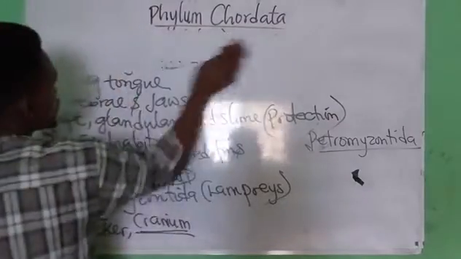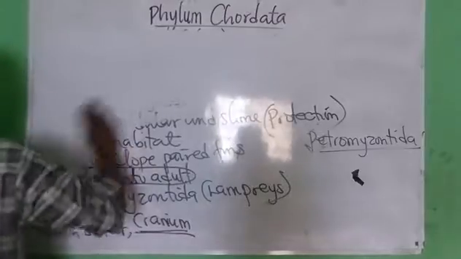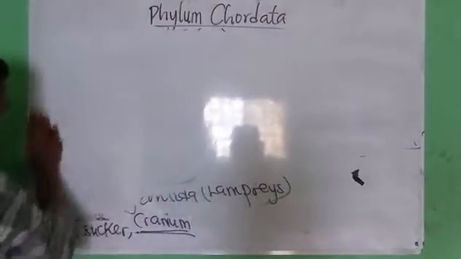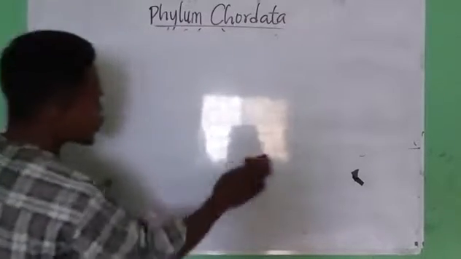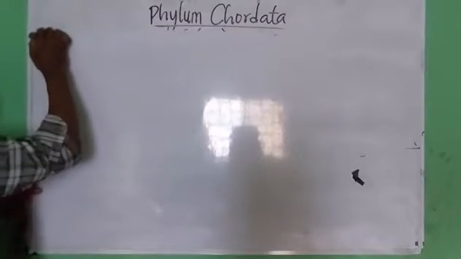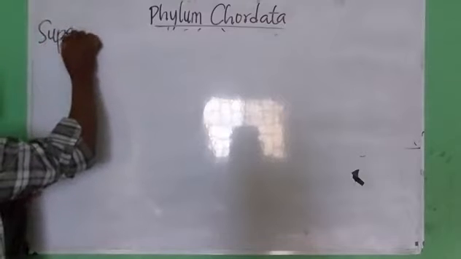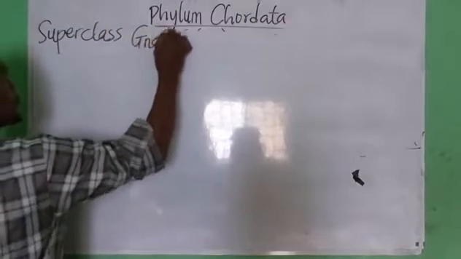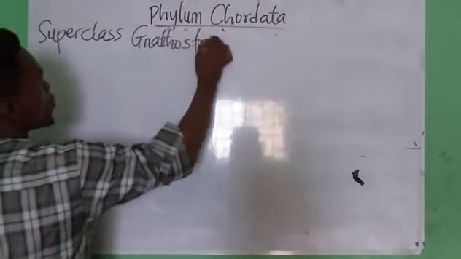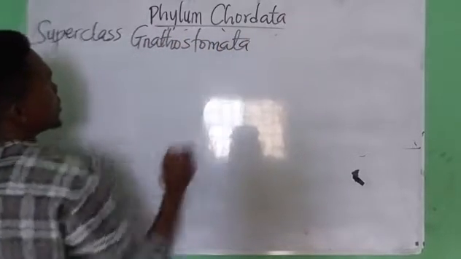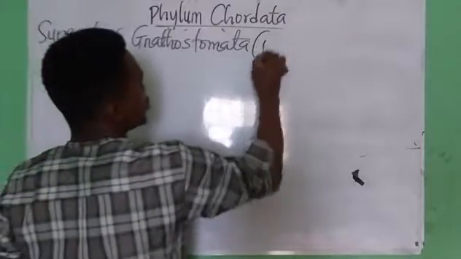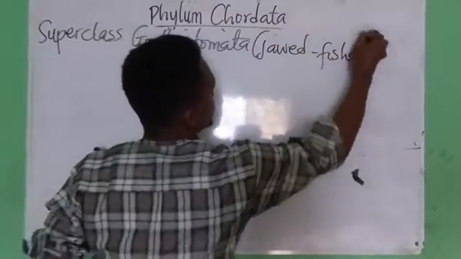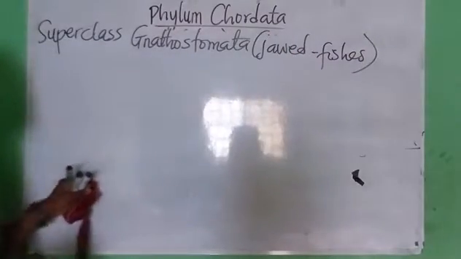Now, the next superclass, of course, is superclass Gnanthostomata. That is because the organisms that belong to this superclass have jaws. All right. Superclass Gnanthostomata. All right, that is jawed fishes. Jawed fishes because they have jaw.